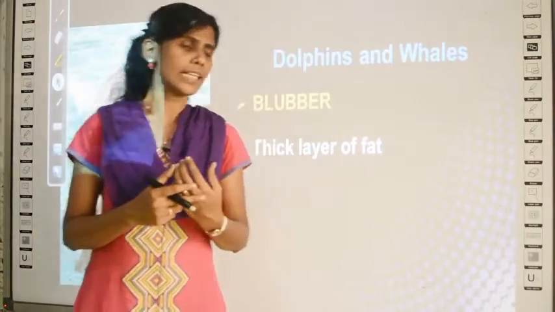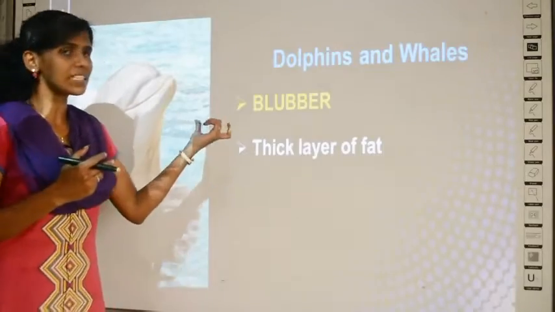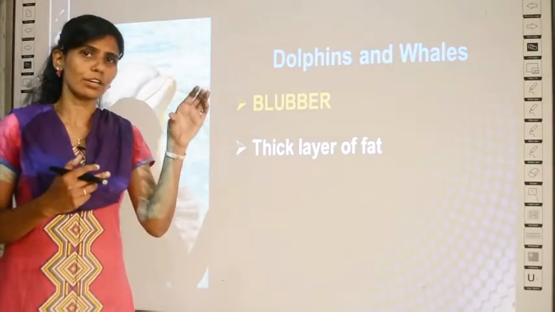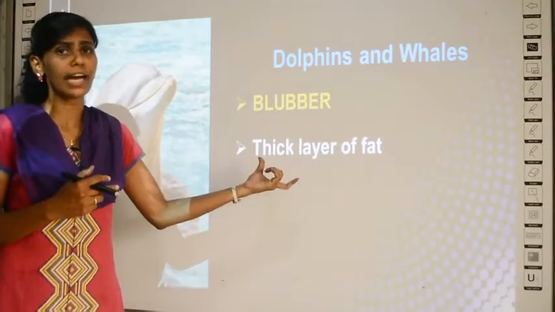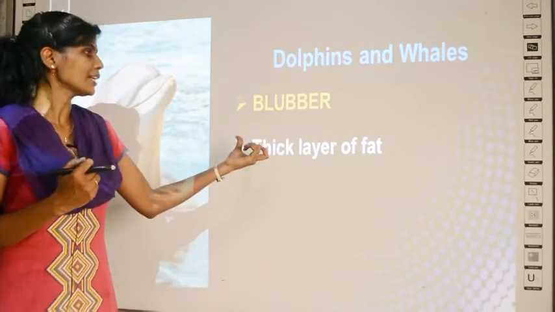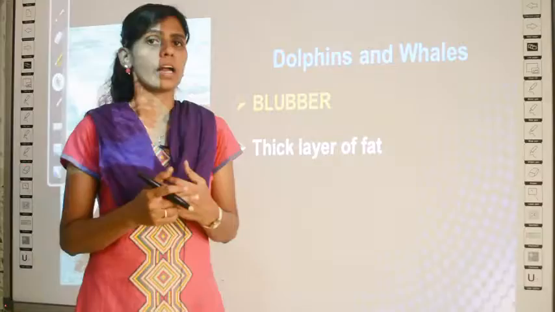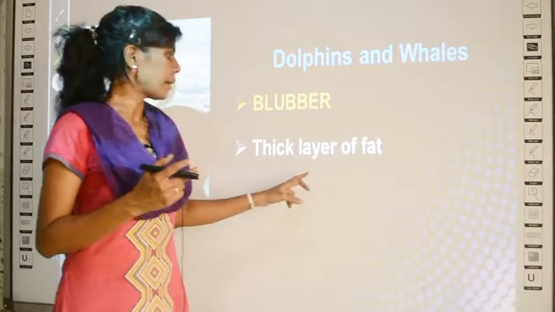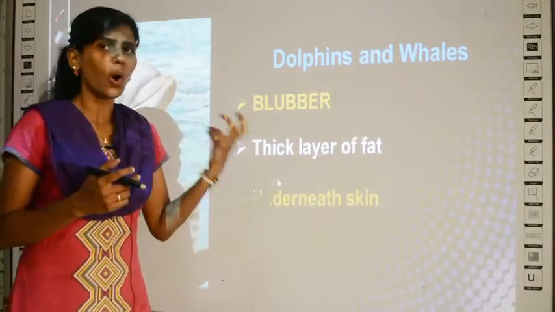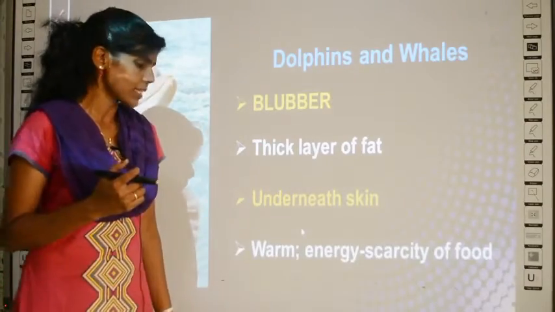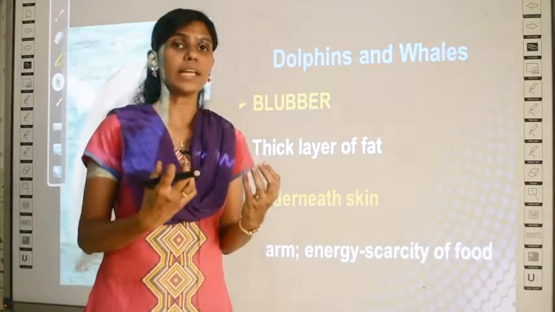Similar to that, dolphins and whales also have a thick layer of fat, and that thick layer of fat has a special word called blubber.